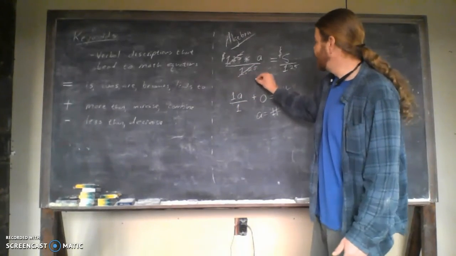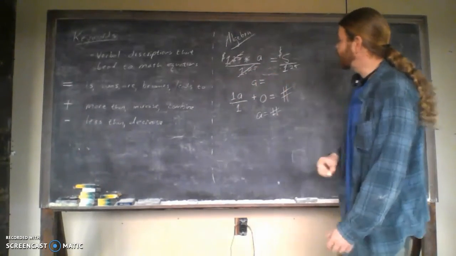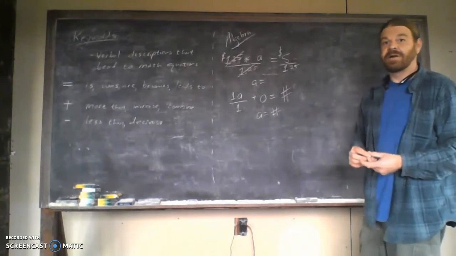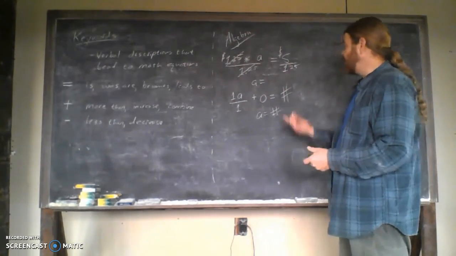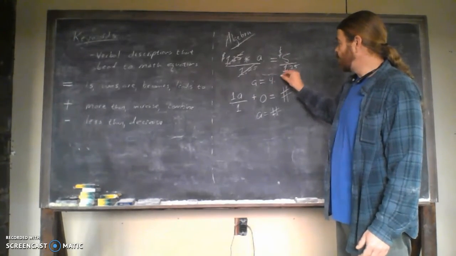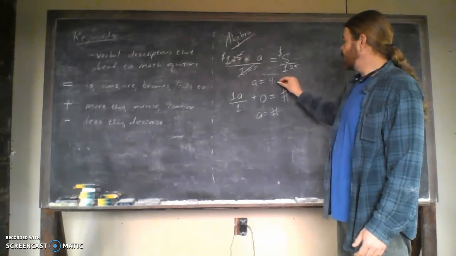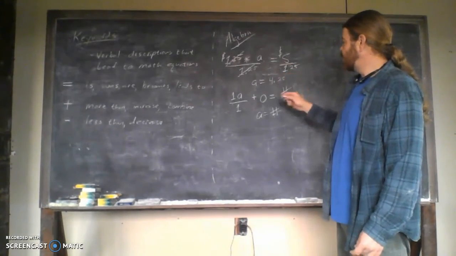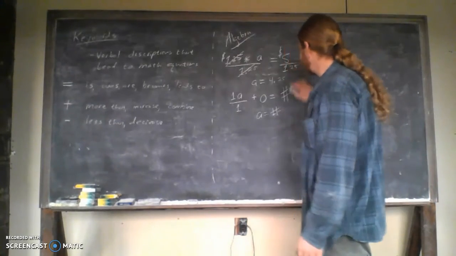We didn't have any addition to begin with, so we just have a equals something. And 5 divided by 1.25 is going to be 4.4... 4.25. 4 1/4. Wait, that's not right.